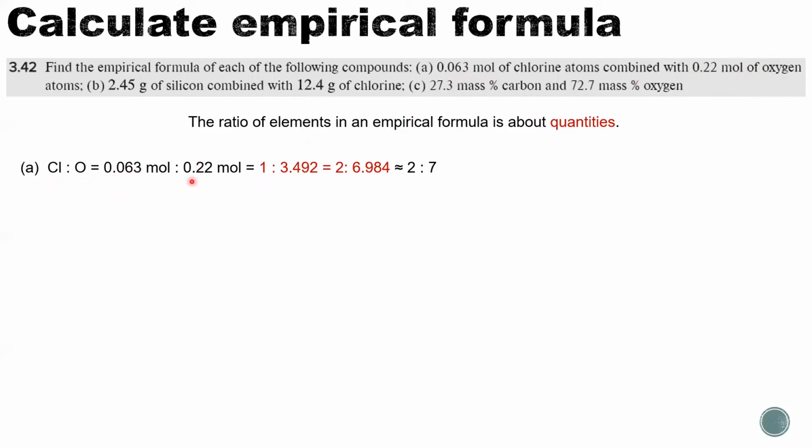We can simplify the ratio as 1 to 3.492. Okay, now here's a tricky part. 3.492, if you round it off to keep 1 digit after the decimal, is 3.5. If you say it as 3 or 4, the error is too big, right?